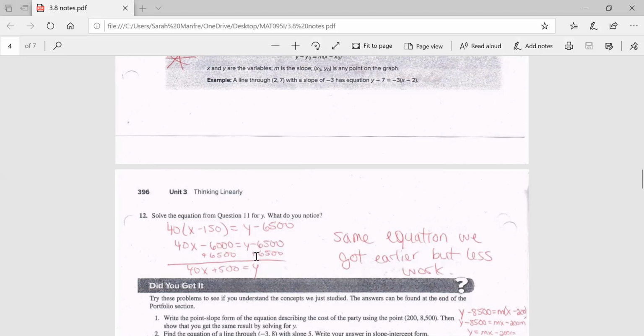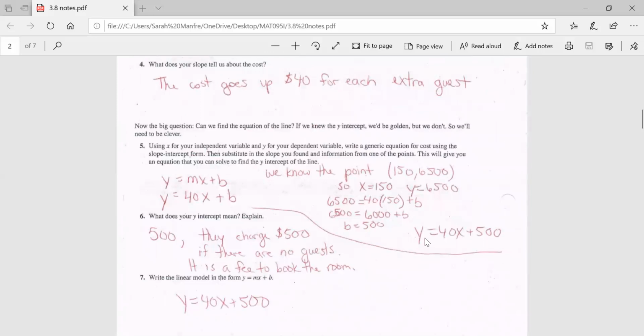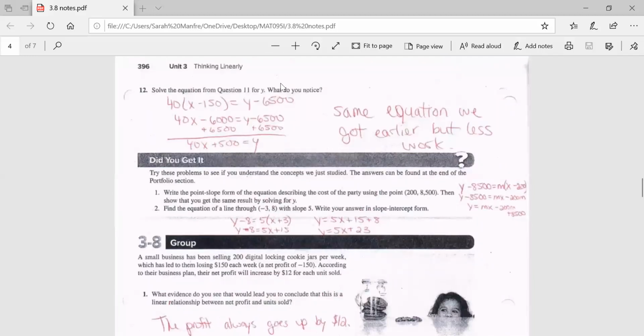So I'm going to add 6,500 to both sides. We get 40x plus 500 is equal to y. And you should notice that this is the exact same equation that we got all the way back up here in question number 5. y equals 40x plus 500. So this is just a much simpler way of writing an equation of a line.